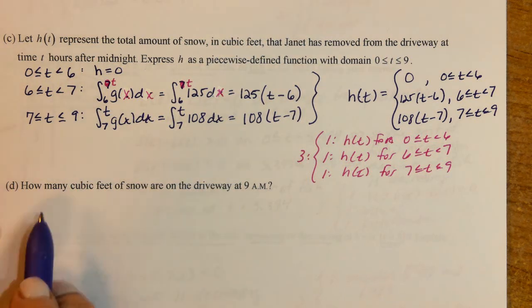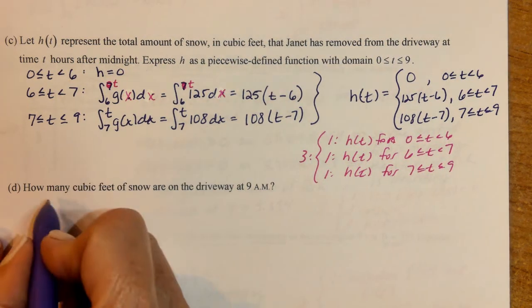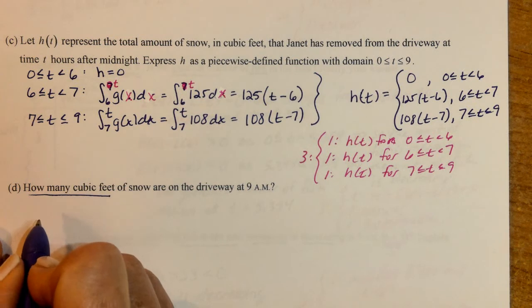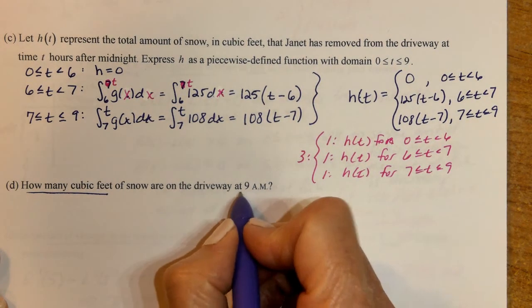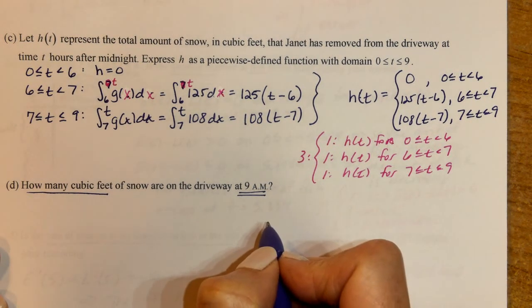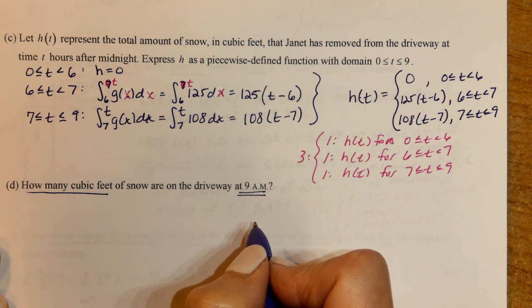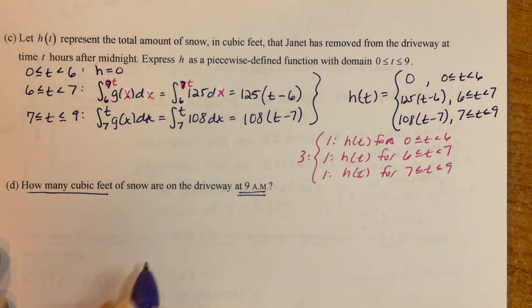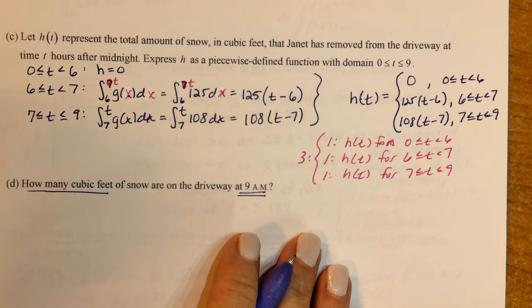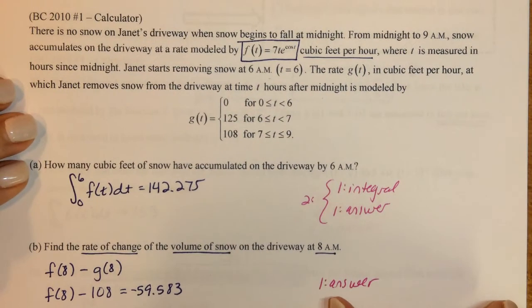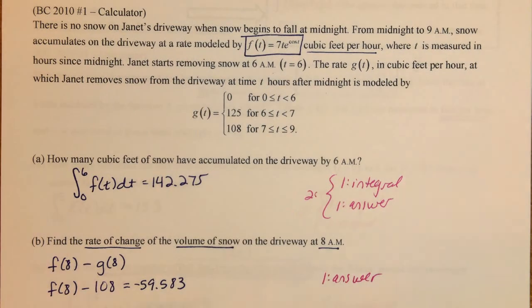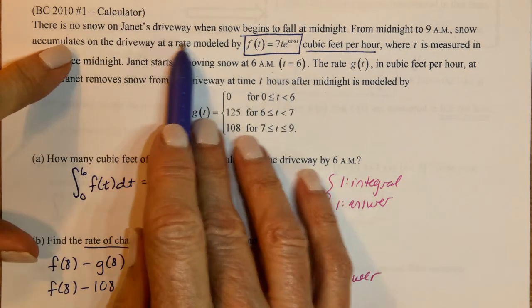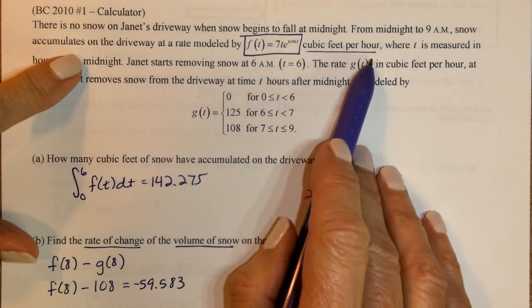Okay, part D. How many cubic feet of snow is on the driveway at 9 a.m.? Okay, we totally know how to handle this. Do we have an initial amount? Well, they didn't give us an initial amount, but it says it starts to snow at midnight.